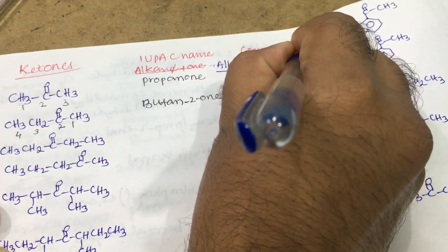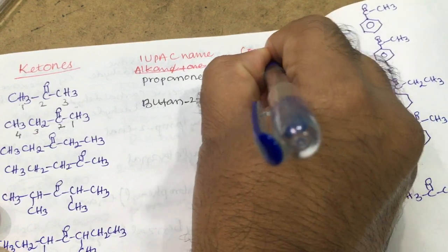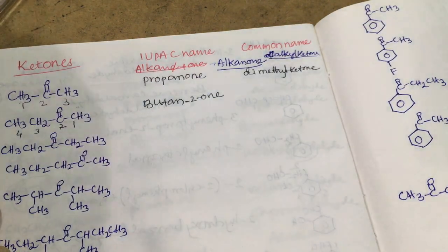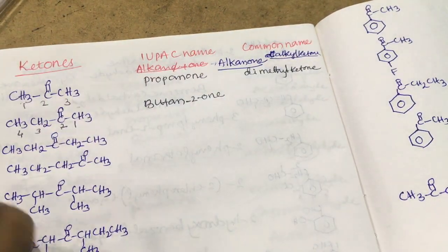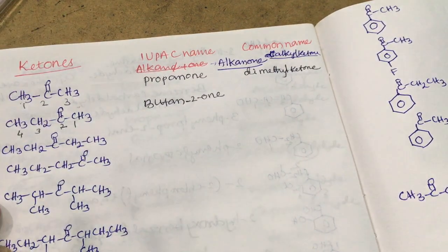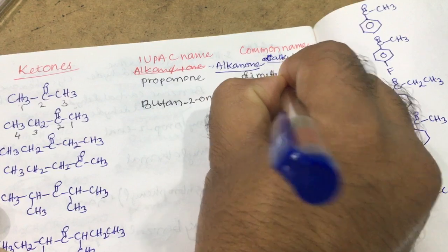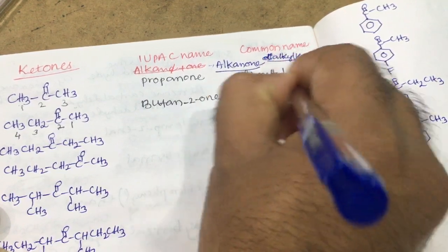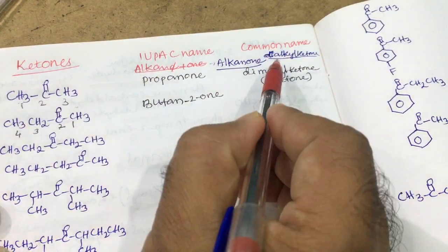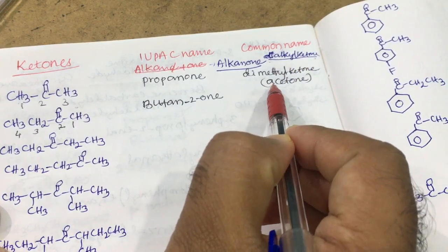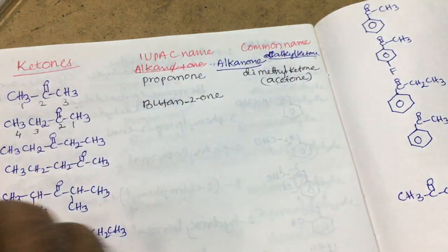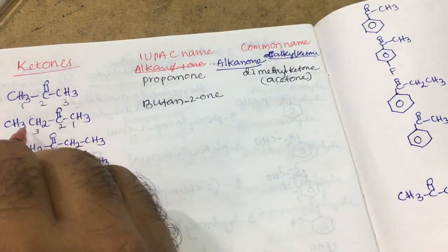Dialkyl ketone. When it is unsymmetrical, follow the alphabetical order. That is very important. The common name is also known as acetone. This is called a historical name. This is not according to the dialkyl ketone rule. This is a historical name.